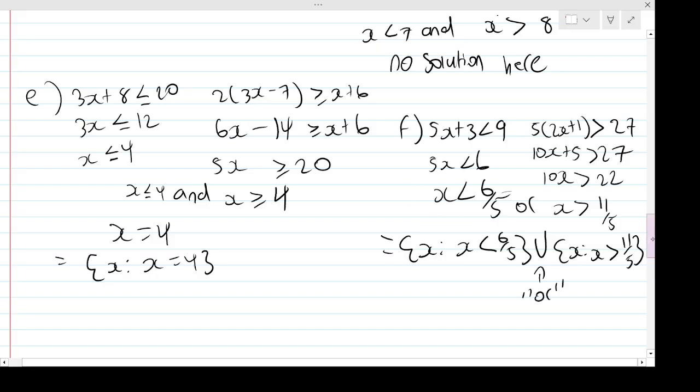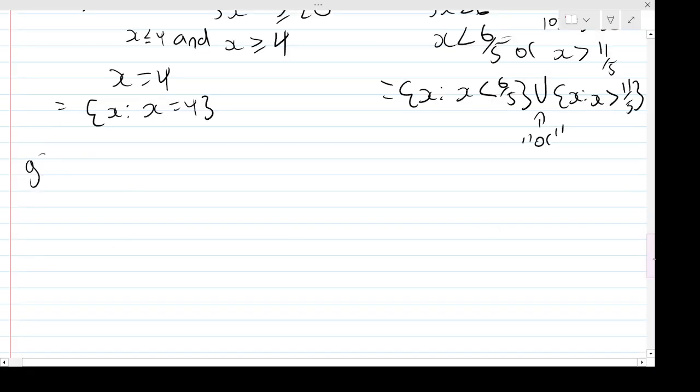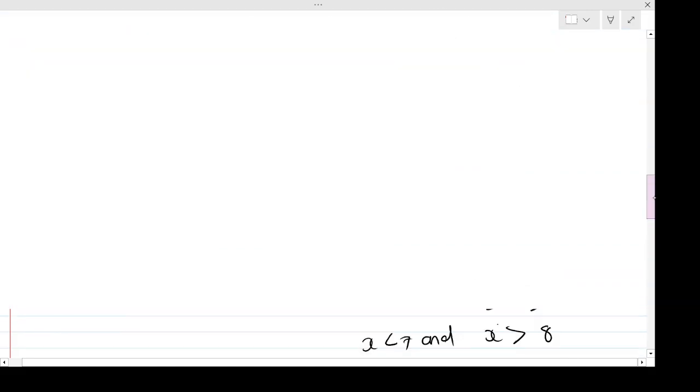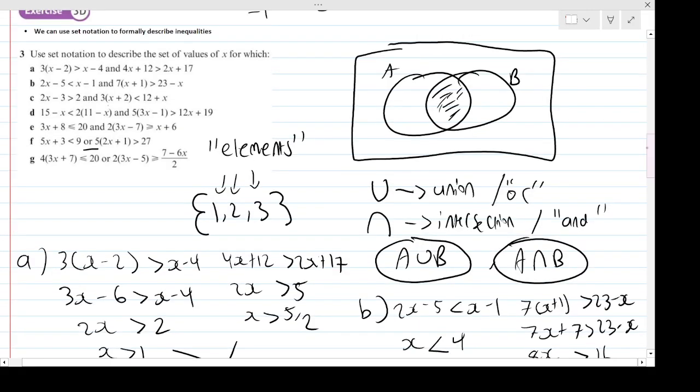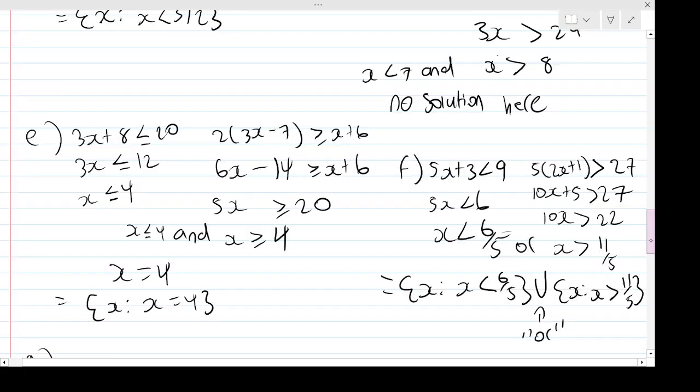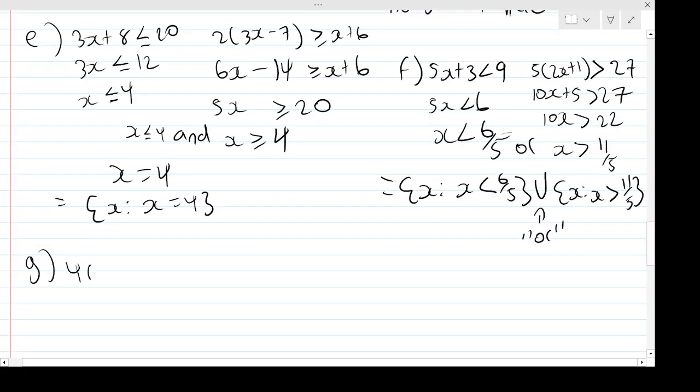Okay, part F. Then part G, the last one. We have firstly 4 lots of 3x plus 7 less than or equal to 20. So if we solve that, let's expand it. We have 12x plus 28 less than or equal to 20.